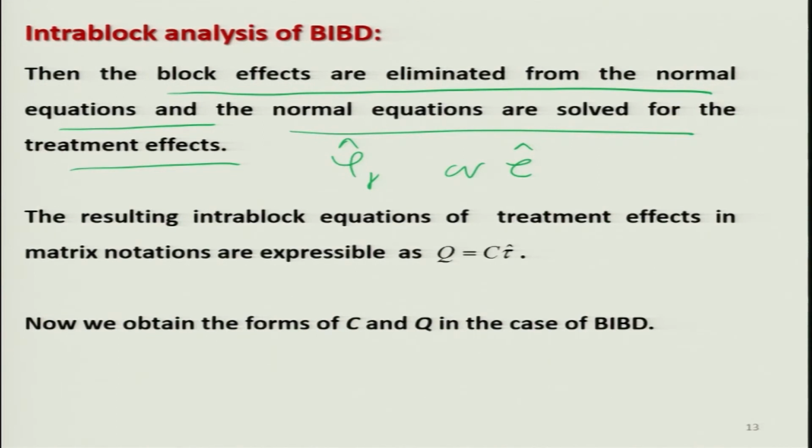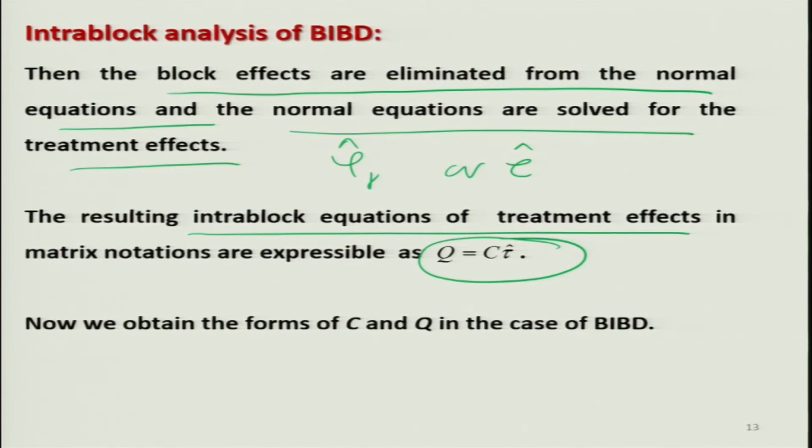After that we had found the intra-block equation of the treatment effects, that was actually the reduced normal equation in the matrix notation as Q = C tau hat. And from there you can obtain the estimate of tau hat.